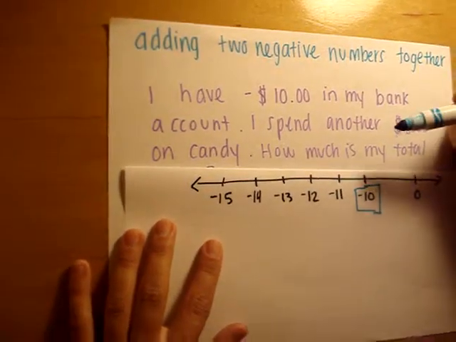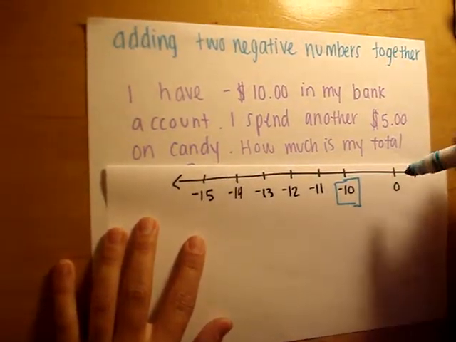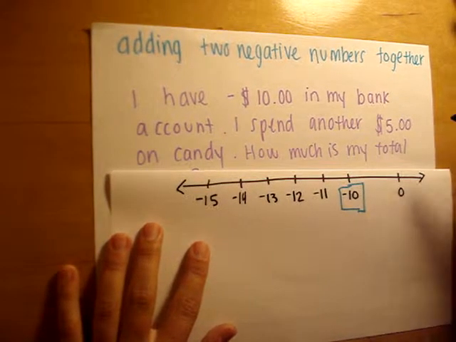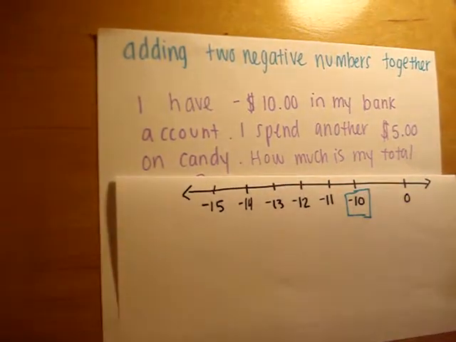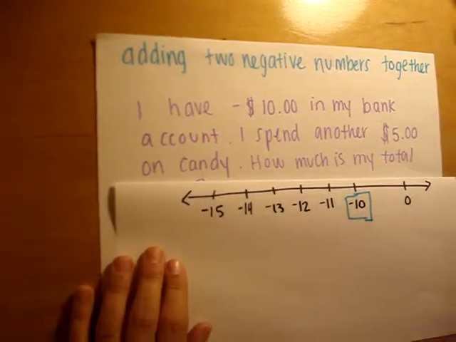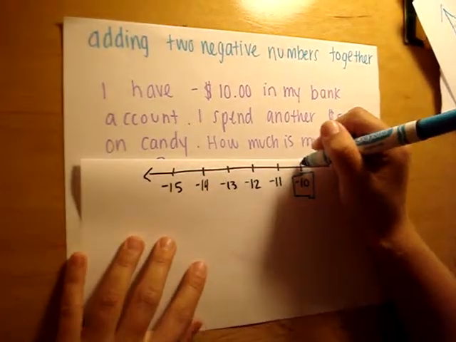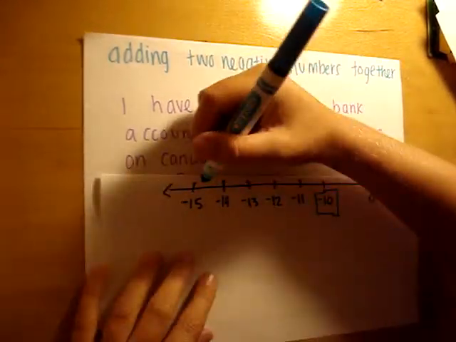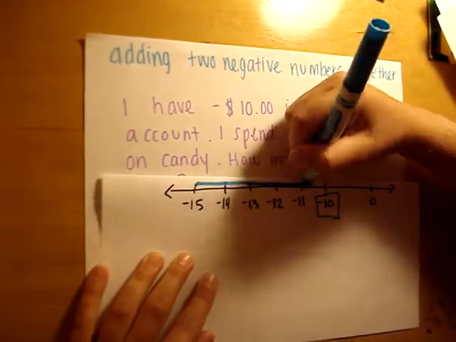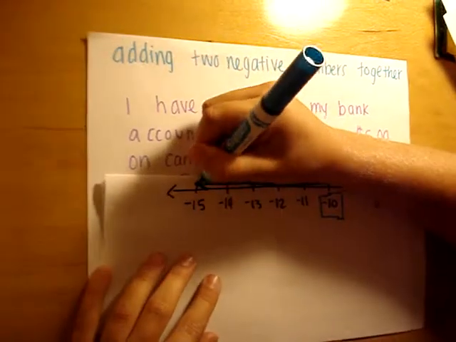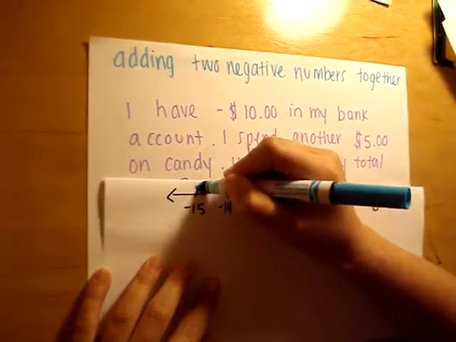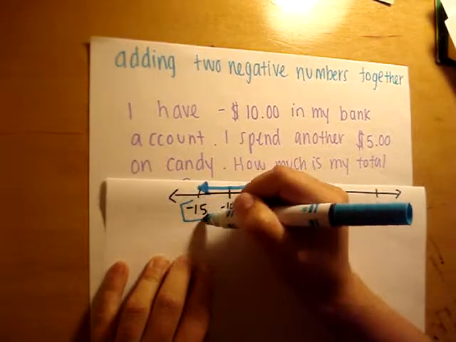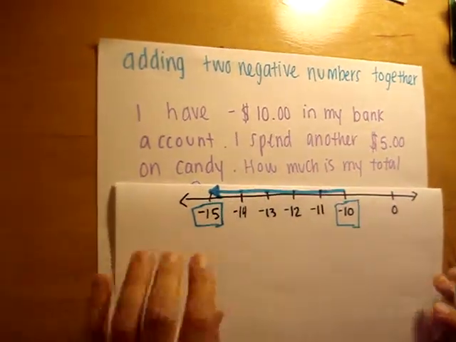If we're spending, that means we're decreasing our bank account even more, so we're going to the left. So we're going to go over 1, 2, 3, 4, 5. So our arrow will go over 5 units to the left from -10. And as you can see, we wind up at -15.